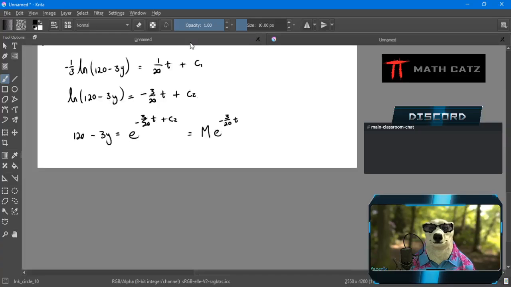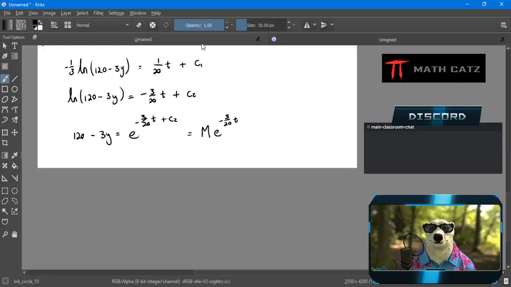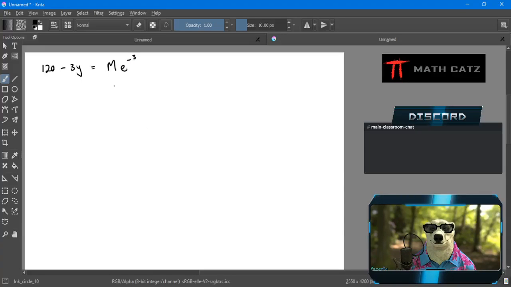Now let's just make sure we copy this over right. 120 minus 3y equals me to the -3 over 20t. And we now have the fact that I have nothing in the beginning.